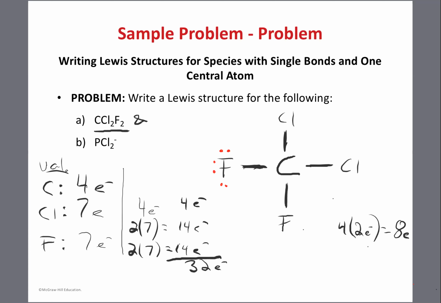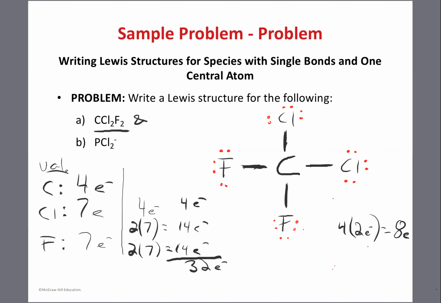I put 6 red dots around the fluorine. It doesn't really matter what atom you start with. I started with that because it's the most electronegative, but the order you assign the dots isn't important, just that every atom gets its octet. So I put 6 dots on each of the chlorines and fluorines.